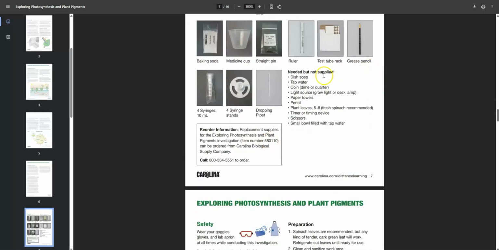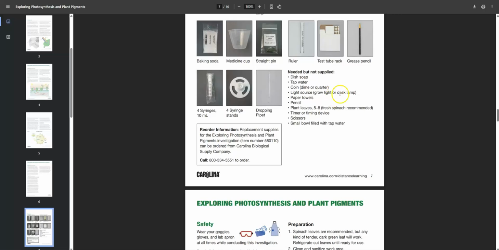So you're going to need dish soap, you're going to need a coin, a light source. It's best if you have a light source that has like an incandescent bulb, but those are hard to come by, and in some places I think they're even like outlawed. So if all you have is the LEDs, then you got to use what you have, right?